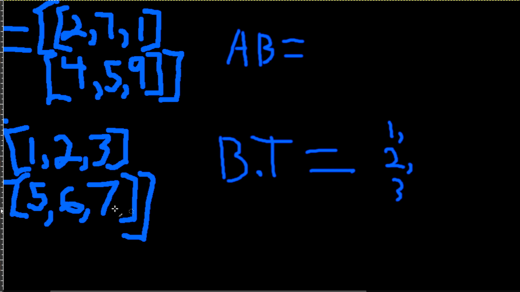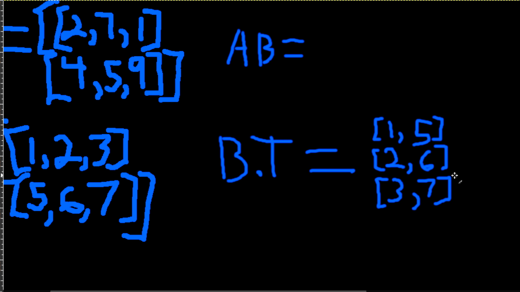Then the next row gets rotated by 90 degrees to the right as well. 5, 6, 7. So now we have 1, 2, 3, 5, 6, 7. Each of these gets a bracket set since each of these is a row, and then the outer bracket for the whole matrix.